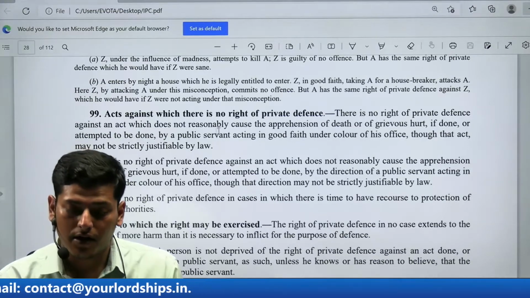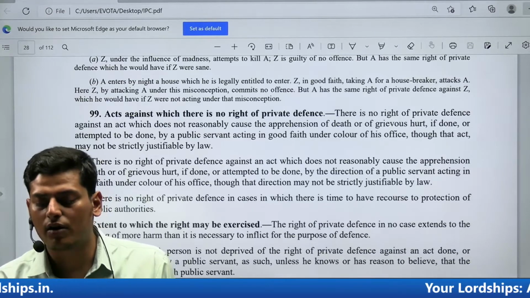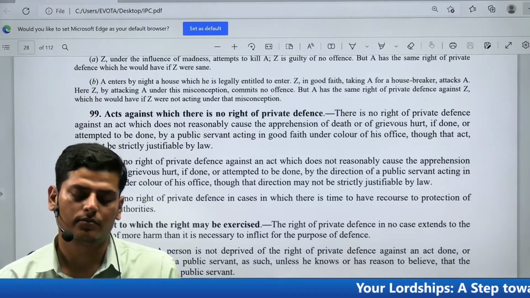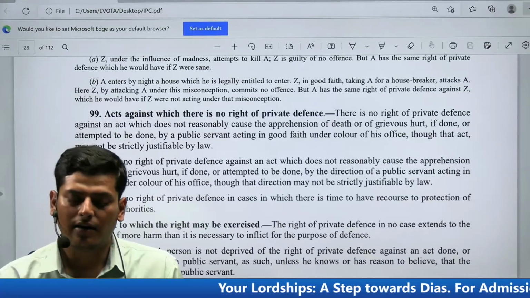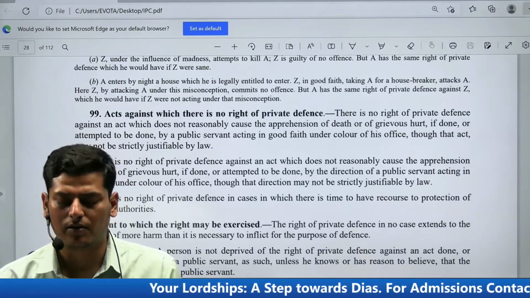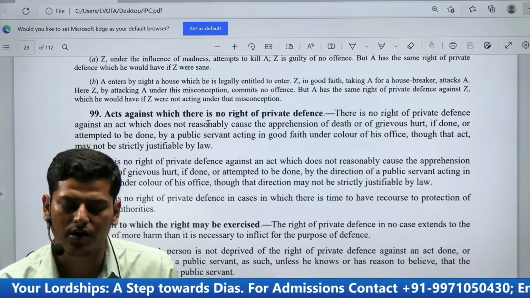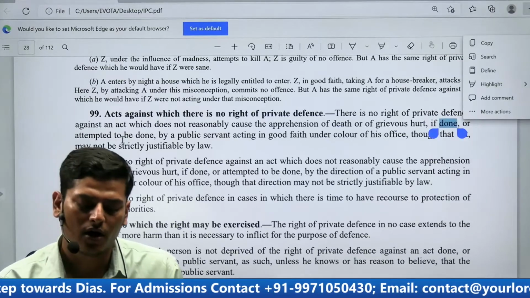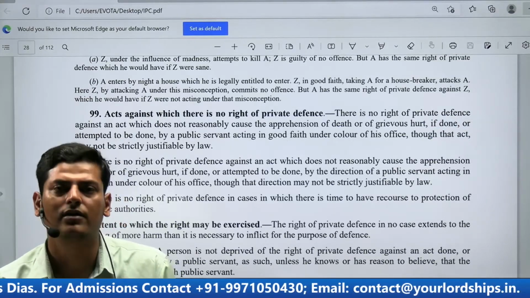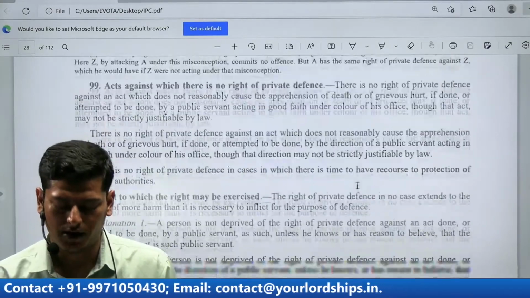If reasonable apprehension of death or grievous hurt is there, then your right of private defense is available, because it says that there is no right of private defense against an act which does not cause reasonable apprehension of death or grievous hurt if done or attempted to be done by a public servant in good faith in the color of his office. Okay, so very simple it's there.